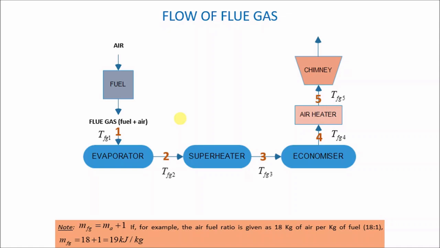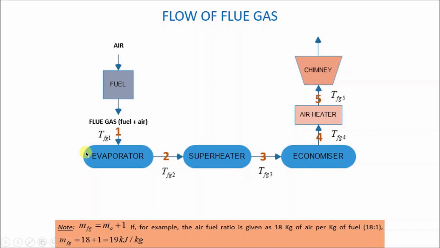But the flue gas flows from the evaporator, as you can see, into the superheater and then into the economizer. So it's really important for you to know how the flue gas is flowing, in what arrangement. Really important. It's not the same arrangement as the flow of water. So it's really important for you to understand how the flue gas is flowing.